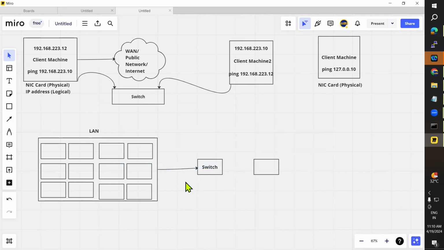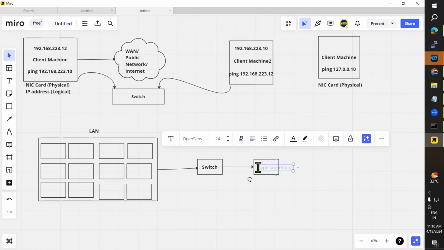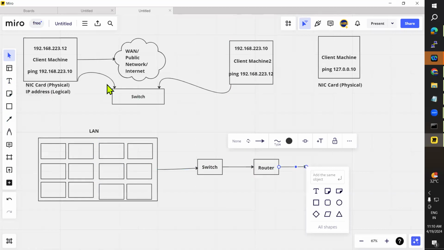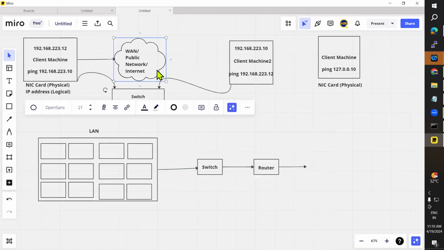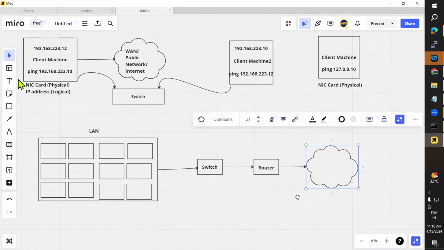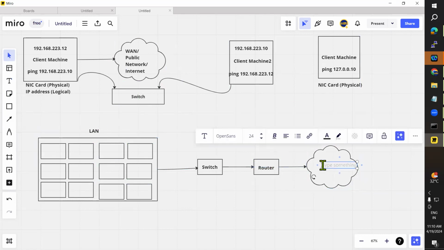Now the switch is connected to a router. Now the router is connected to the internet.